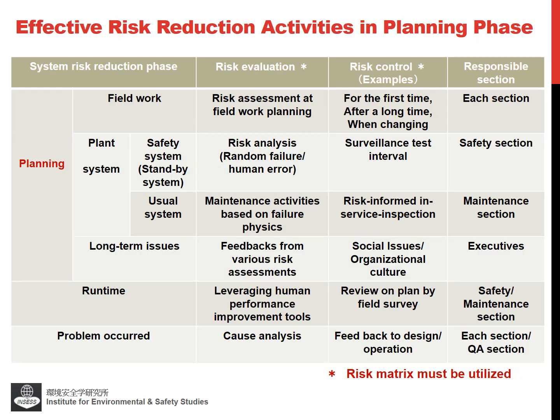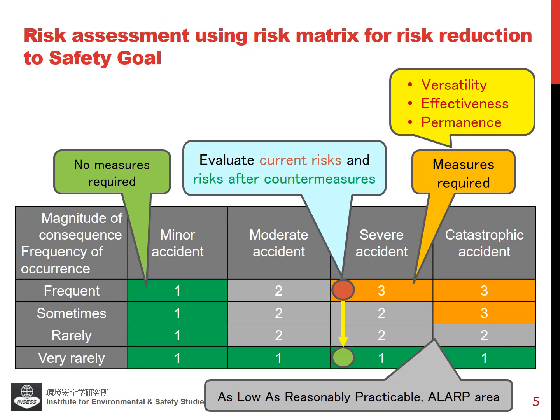For effective risk reduction activities, please refer to the risk matrix to be used as shown in this table. We show the concept of the risk matrix on this slide. Risk matrices are used for risk assessment for risk reduction toward the safety goal. The horizontal axis shows the magnitude of the consequences and the vertical axis the frequency of occurrences.